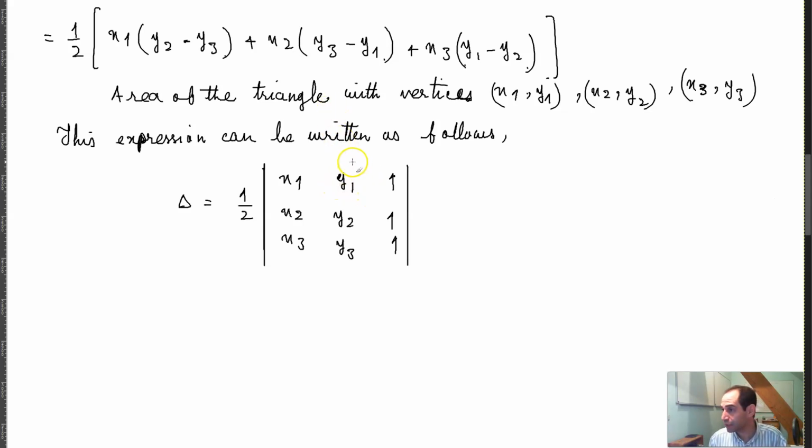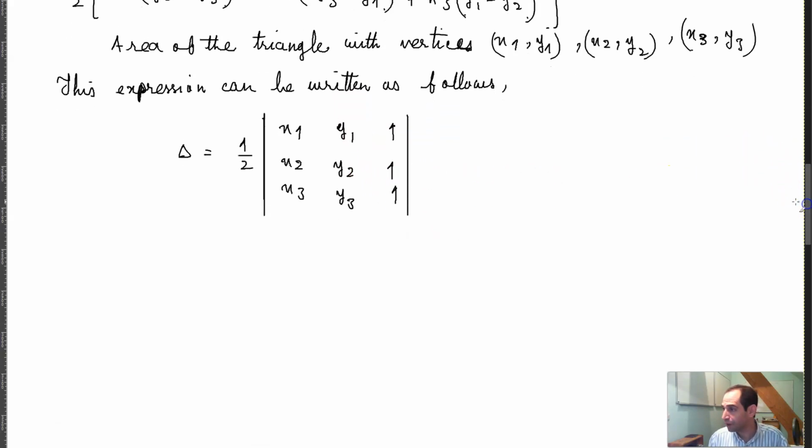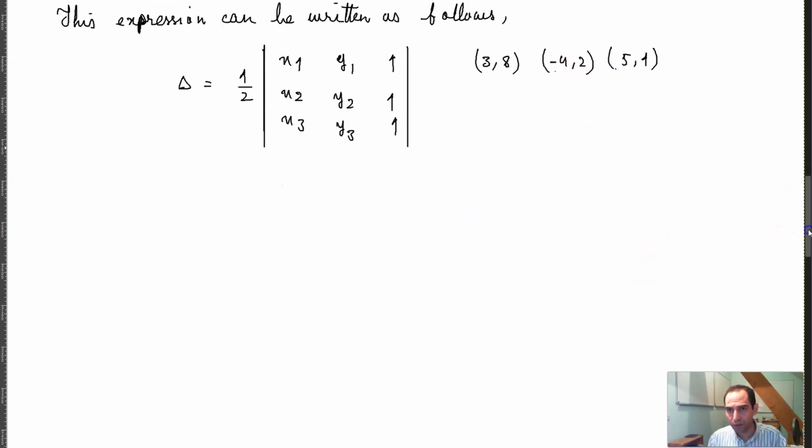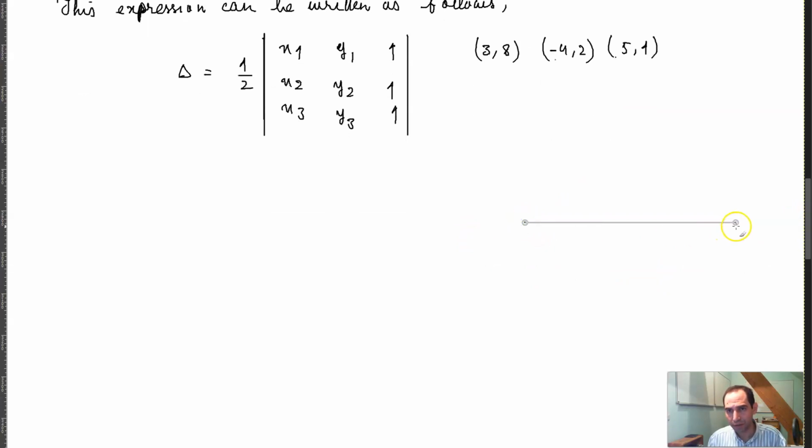But let's say that, for example, you have some triangle, and basically the vertices of the triangle are 3, 8 and -4, 2, and for example 5, 1. And this triangle would be some triangle like this.